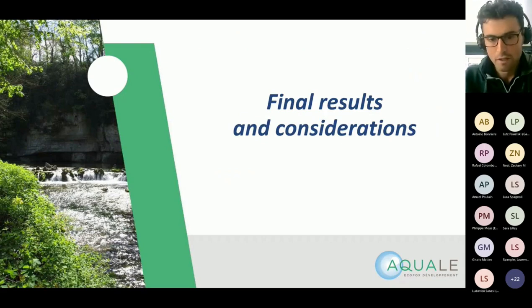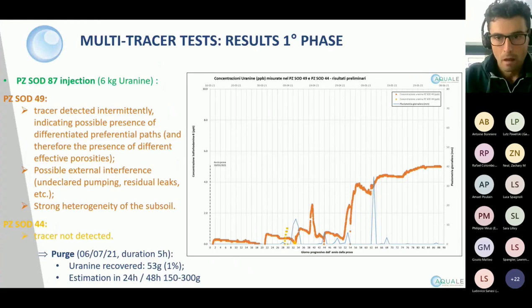About the results and considerations of this multi-tracer test. Regarding the injection in SOD 87, the monitoring in SOD 49 showed that the tracer was detected intermittently, indicating a possible presence of differentiated preferential paths, and therefore different effective porosities.